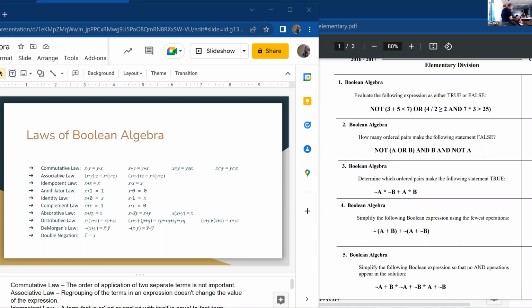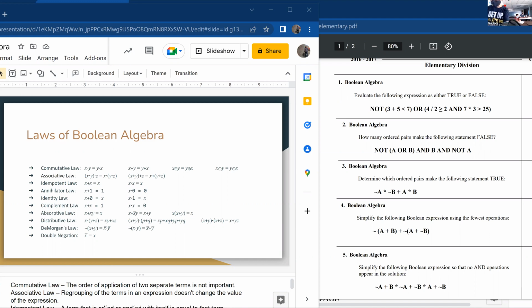I don't really understand how the ordered pairs make up something. Me neither.